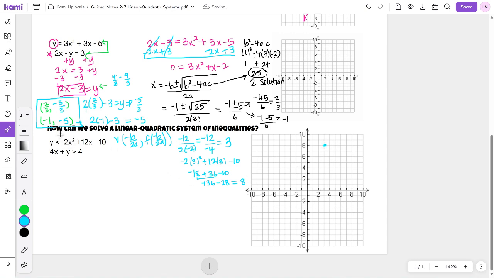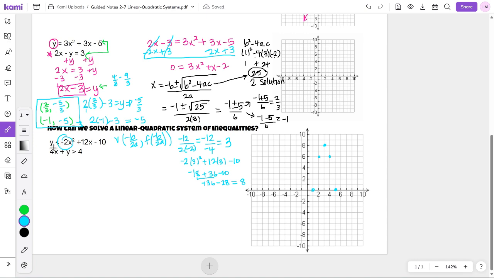All right, now because a is negative 2, I'm going right 1, down 2. And then I'm going right 2. And normally I would go down 4, but I'm going to go down 8. And then I have this axis of symmetry that runs right through the middle, so I can do matching points on the other side.